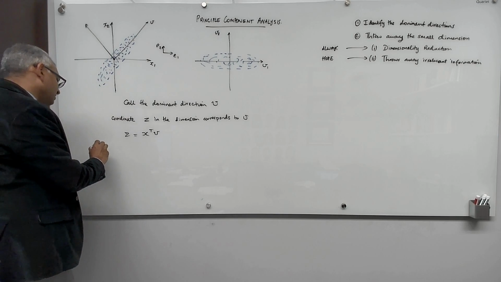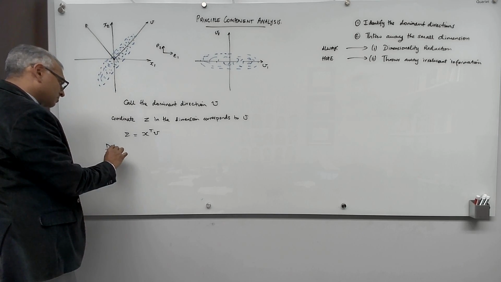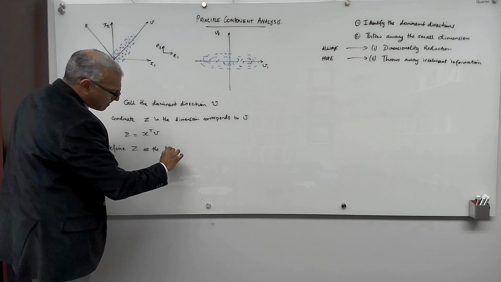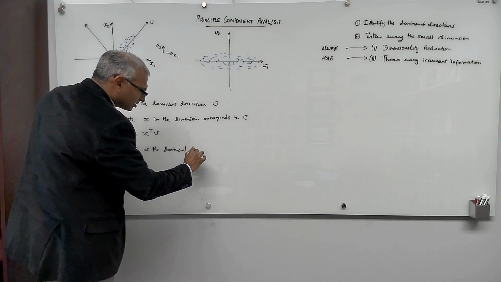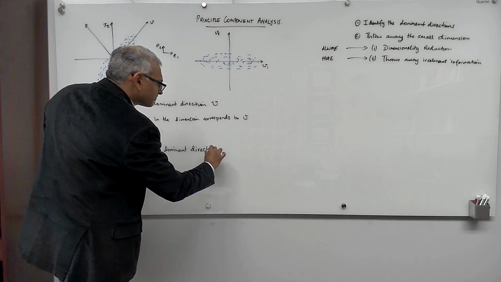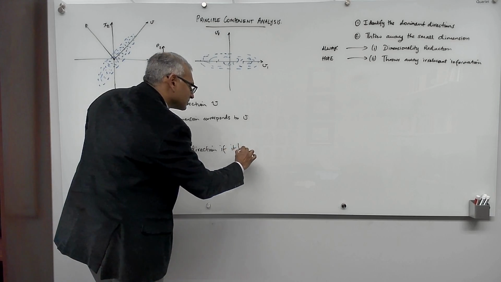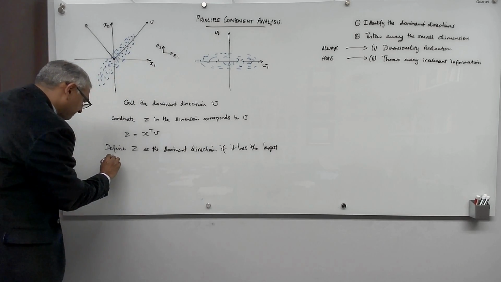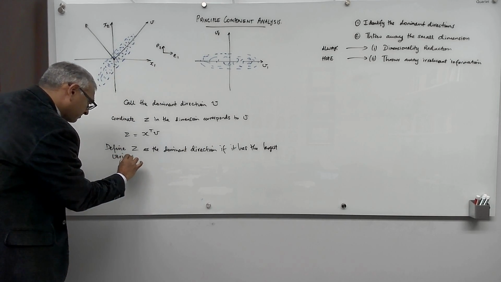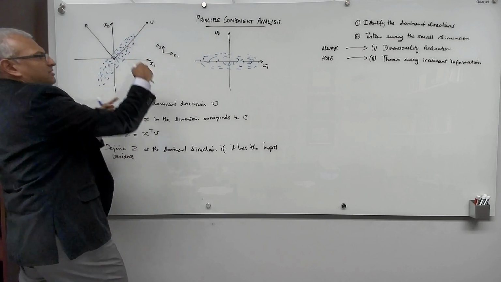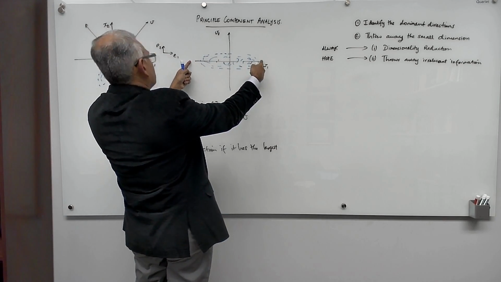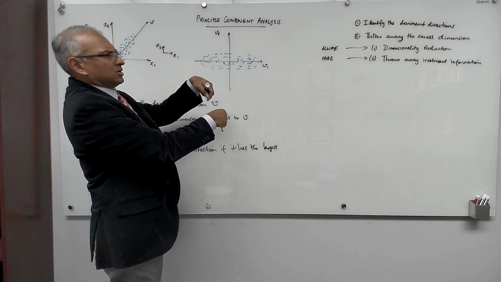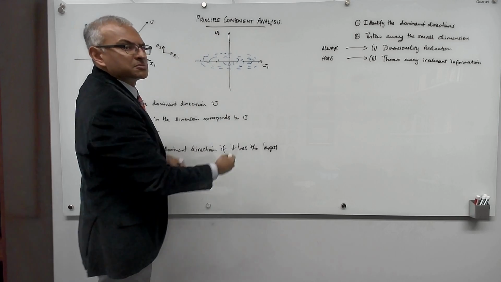So we will define Z as the dominant direction if it has the largest variance. The variance is measuring this spread. So we want this spread to be large. That's what makes it the dominant direction. And in the minor directions, the spread is small.